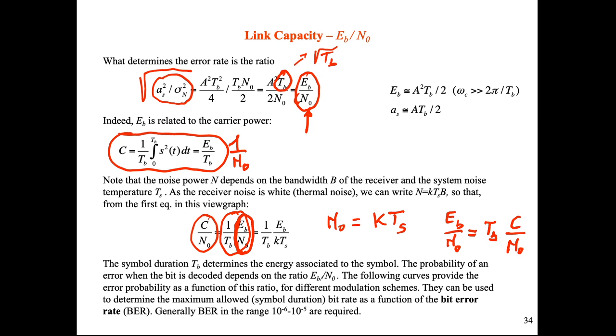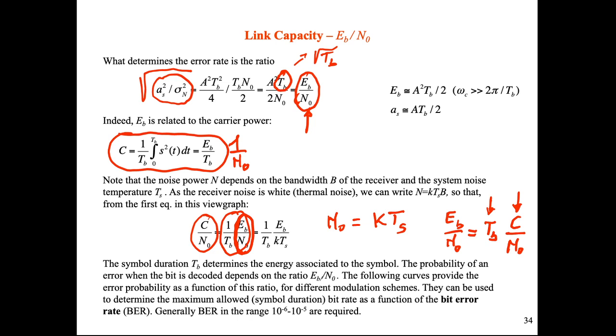So this determines the carrier power and the bit duration, and we can play on two things, either on C, the carrier power, or the bit duration. If we have a large carrier power C, then we can afford a small t bit, small bit duration, and therefore a higher data rate.